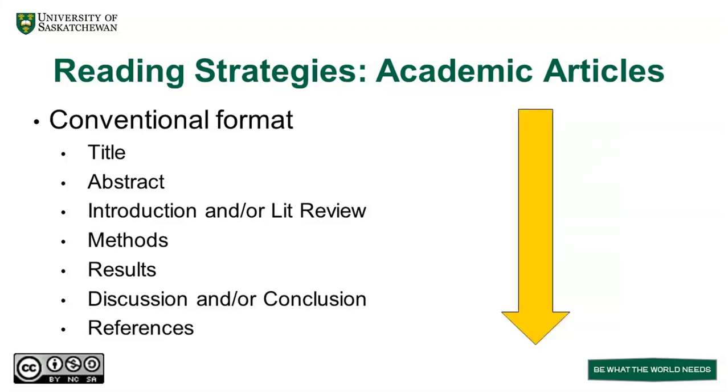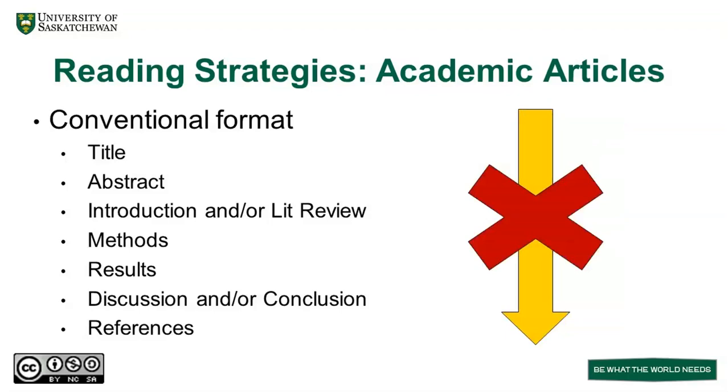So we might be tempted to read as the format suggests, right? We were taught to read from beginning, middle, end, but it doesn't quite work as effectively for academic articles. And so I would suggest that we don't approach a journal article in the same way when it comes to initially evaluating that text type.